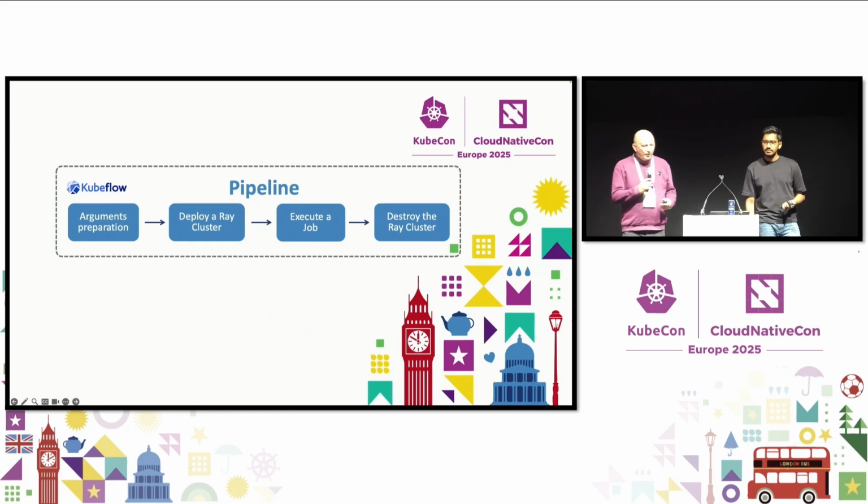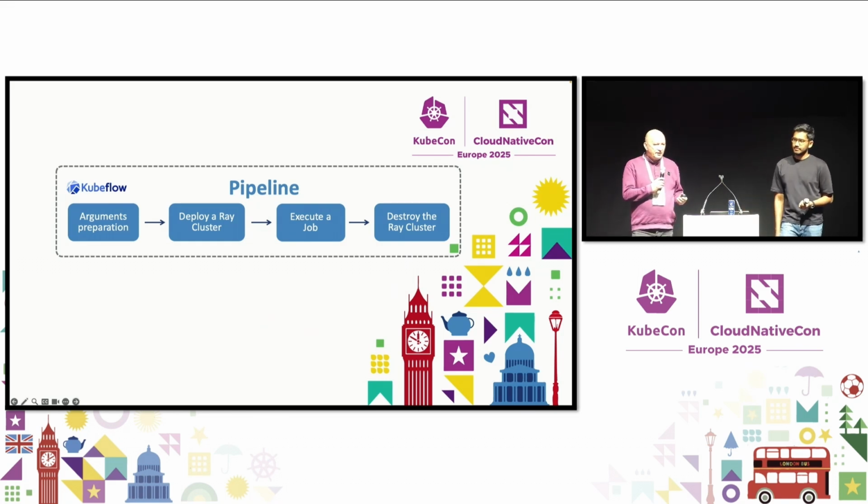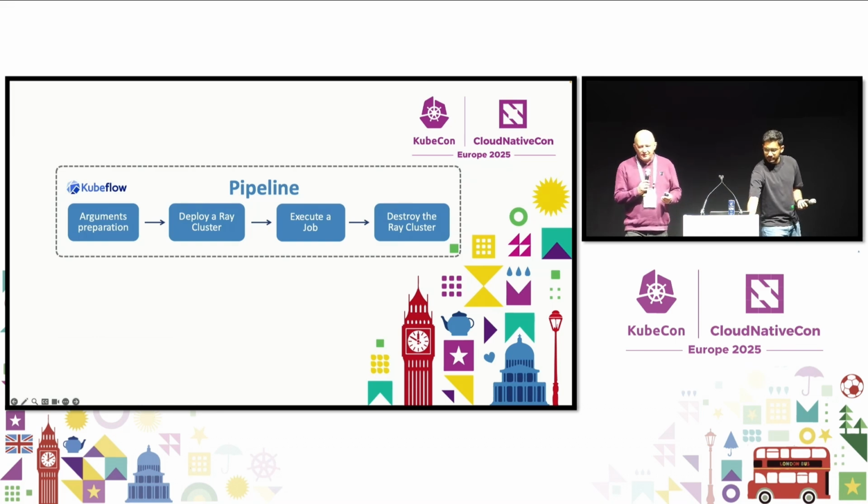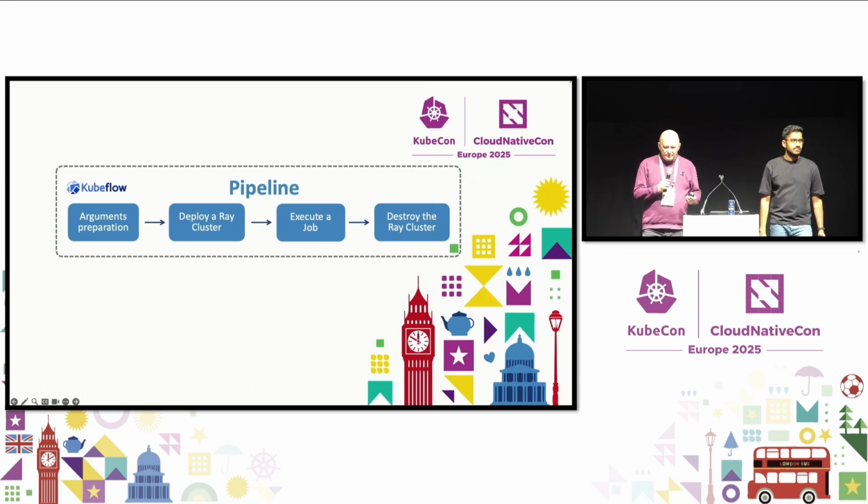The undeploy component is implemented like an exit handler. It is similar to try and finally in code, to guarantee that the cluster is undeployed independently of the execution status of the job, whether error or success.